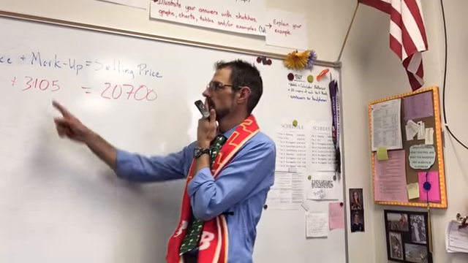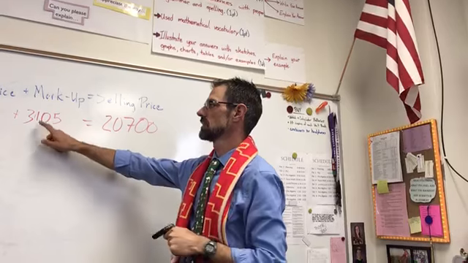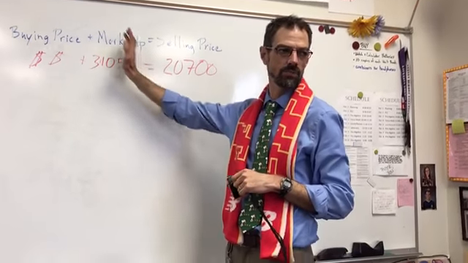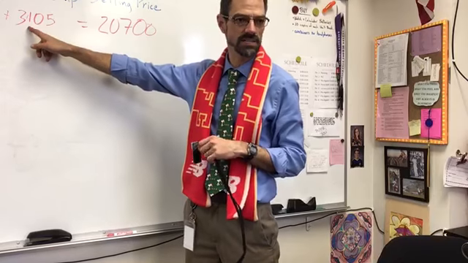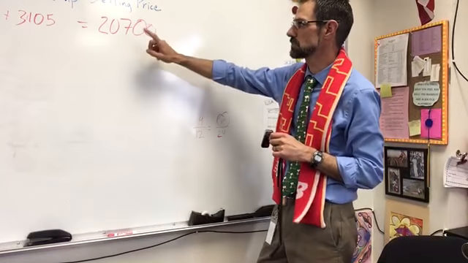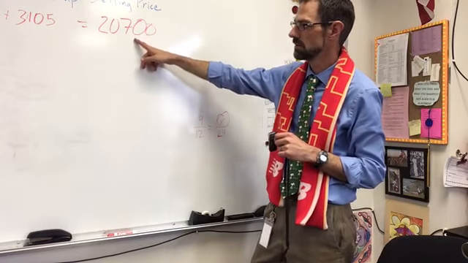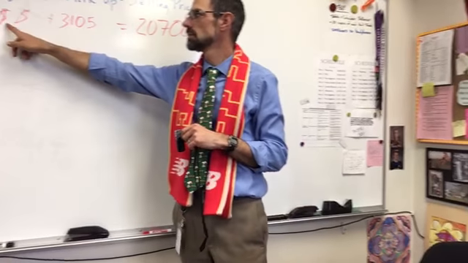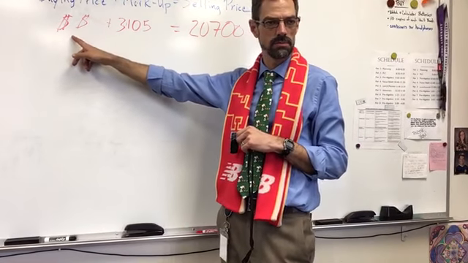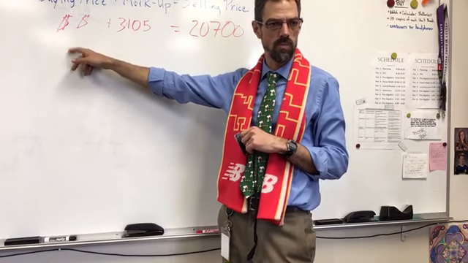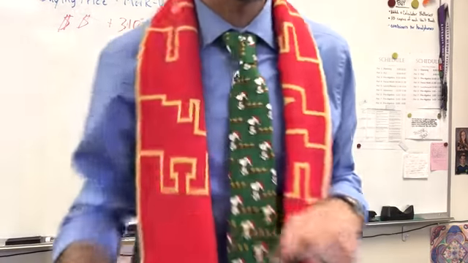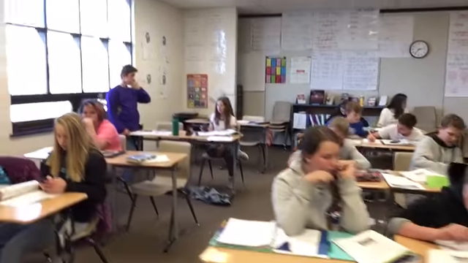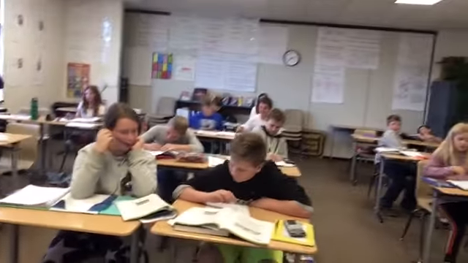If I subtract the markup from this side, I get rid of it, right? Because this minus that is going to be 0. And then if I subtract it from this side, it will tell me my buying price. You add 15%. Does that seem right? But then you take 15%. Did you do it right? Yeah, that's what I had. That confusion's good to have.